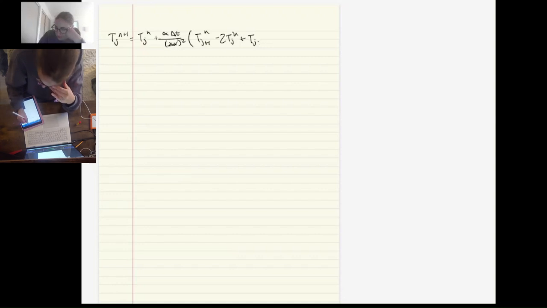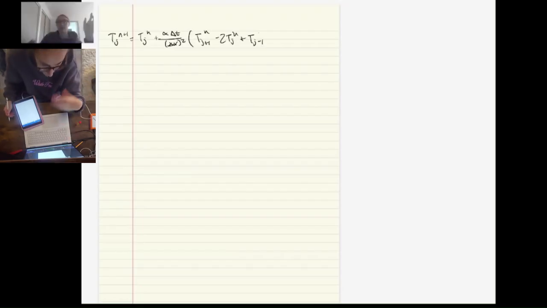What we originally started with was Tj n plus 1 is equal to Tj n plus, and I'm not going to write R, I'm going to write what R is currently, so it's the thermal diffusivity times delta T over delta X squared, multiplied by Tj plus 1 minus 2Tj plus Tj minus 1, all at n.